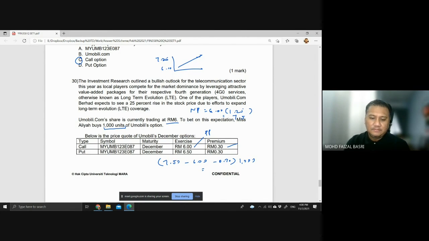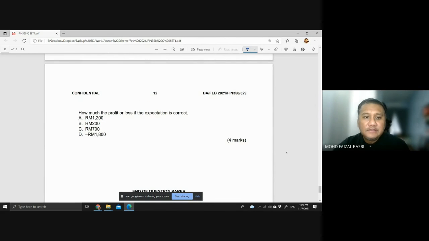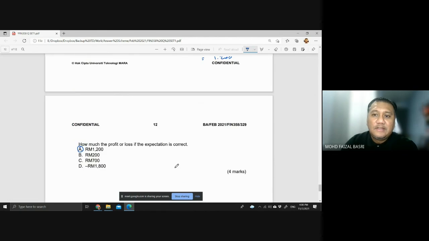Darab 1,000. So, dia akan untung RM1,200. Okay, so RM1,200 is A. Okay, so dia akan dapat profit lah RM1,200. Okay, so another 4 marks kat situ.